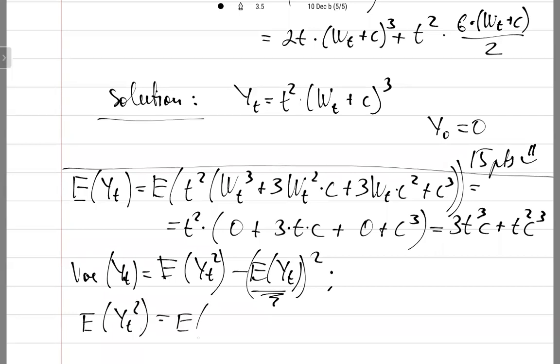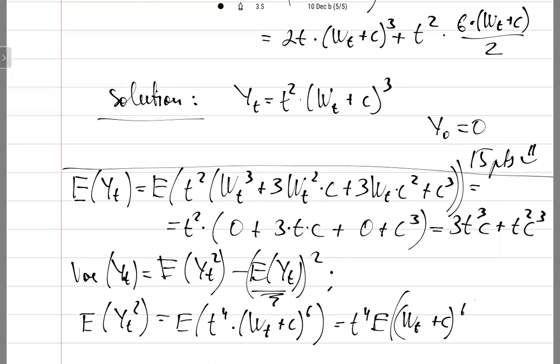It will be expected value of t to the power 4 times (W_t plus c) to the power 6.